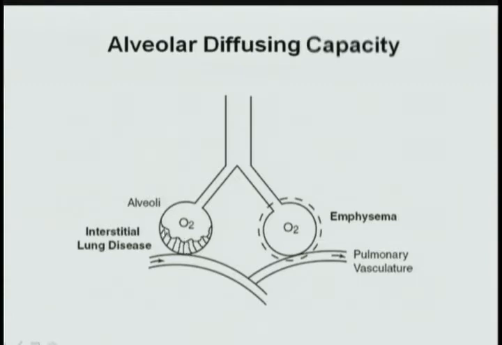If a patient has interstitial lung disease, so they have intrapulmonary restrictive disease, let's say this patient has asbestosis, this patient has inflammation of the alveoli, and eventually this leads to fibrosis here. So the diffusing capacity in this patient will be decreased.